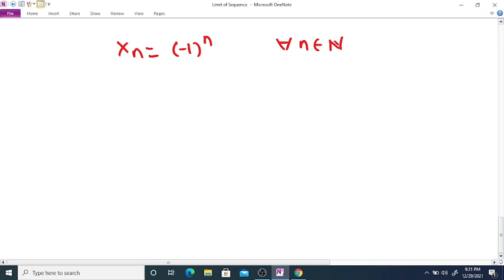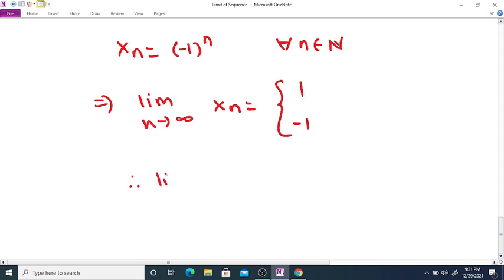then limit as n tends to infinity of x_n has two limit points, 1 and minus 1, and therefore the limit is not unique.